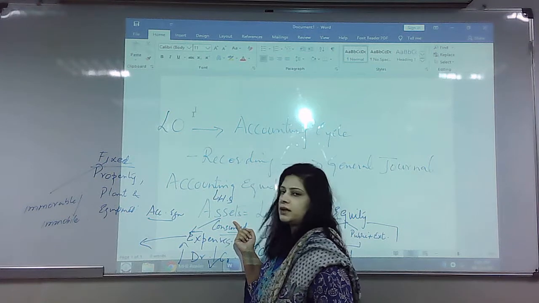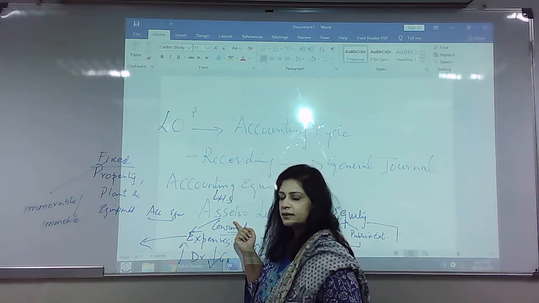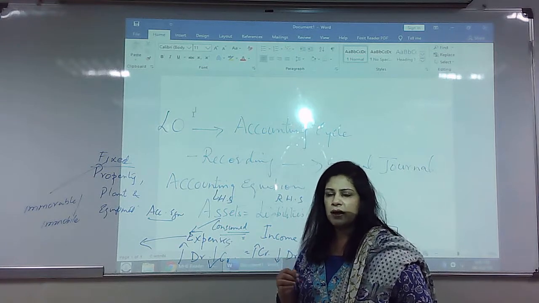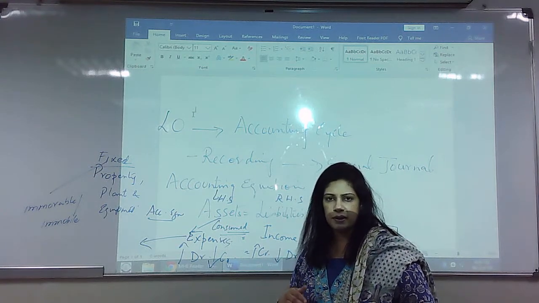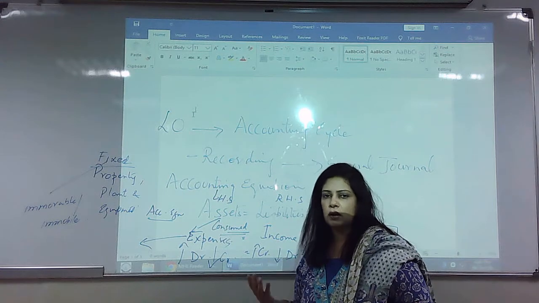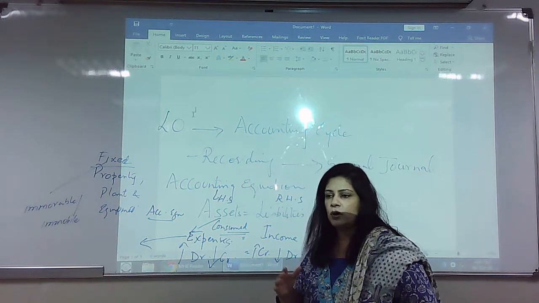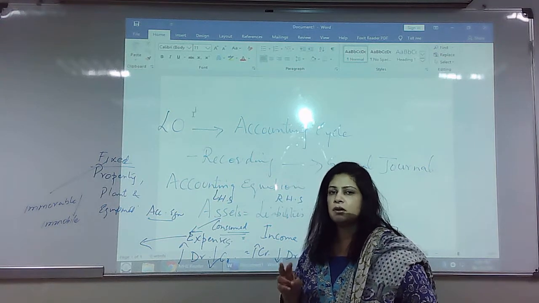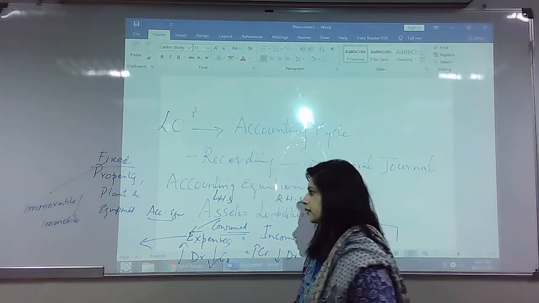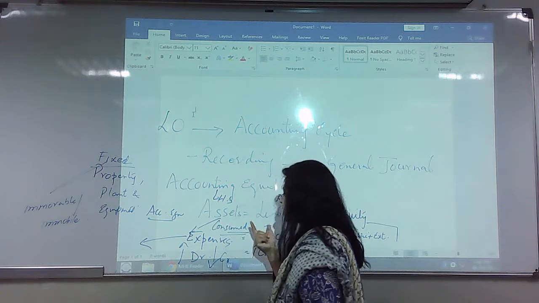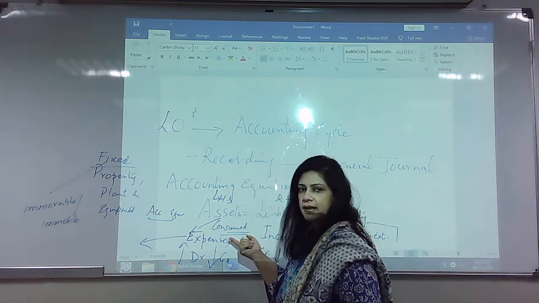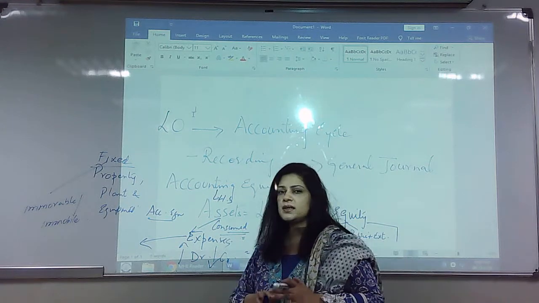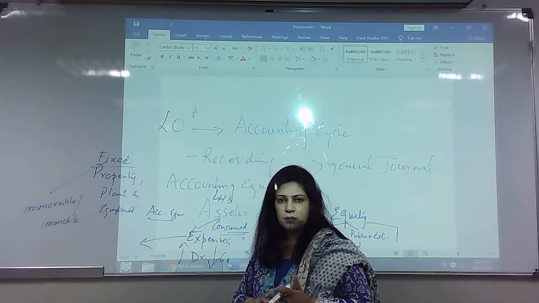So the link is that assets usually undergo a process of wear and tear, just like when you purchase a car. The accounting term for it is depreciation. So I say that assets are consumed at that point. Consumption means that they are not of the same efficiency that they were before.